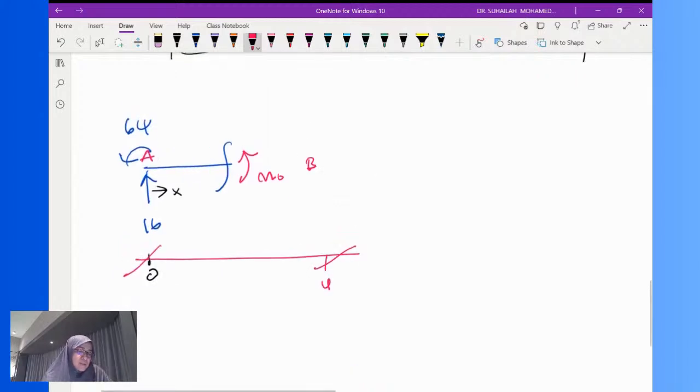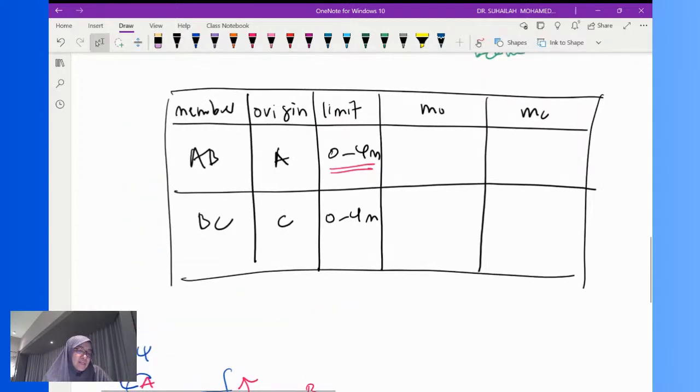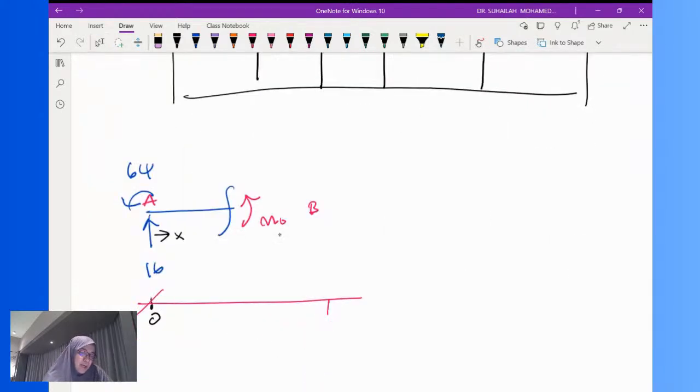Because X can start from 0 until 4 meter. And 4 meter means the B position. That is why we get 0 to 4. Doesn't matter, I erase this and this. So this is section number 1.